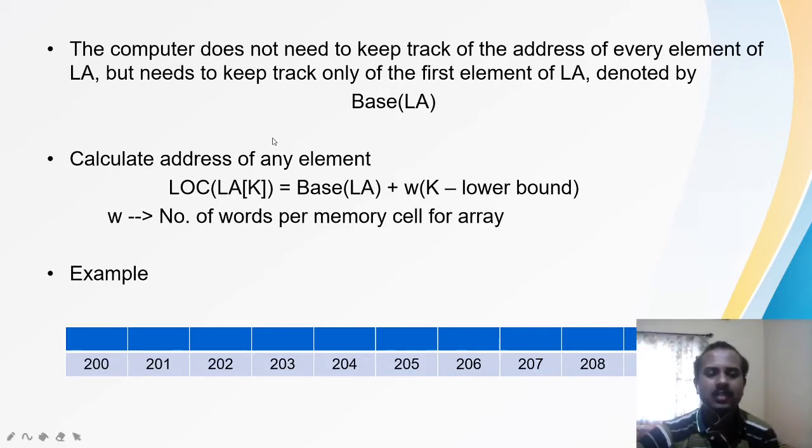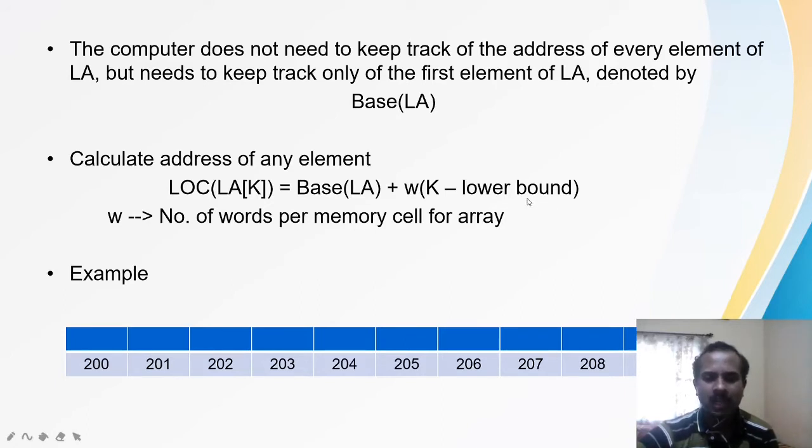How to calculate the memory address? For any LOC of LA of K, where K is the index value, it is base of LA plus W, that is the word length, or you can say the size of your data type, times K minus lower bound.